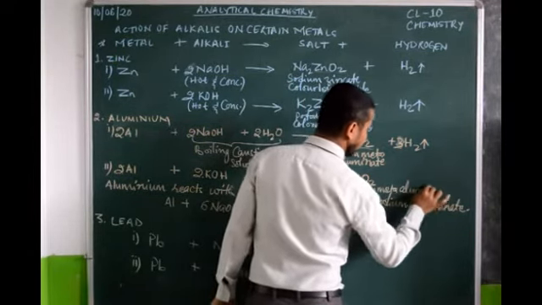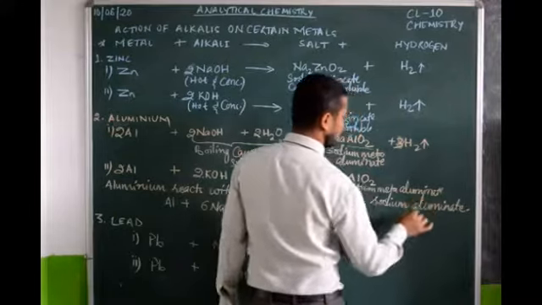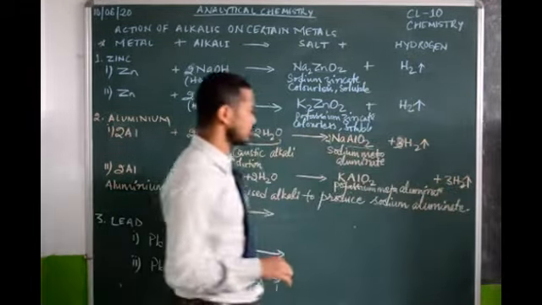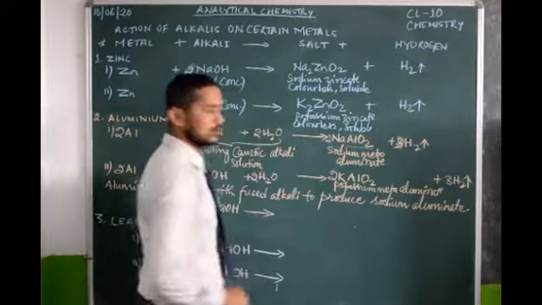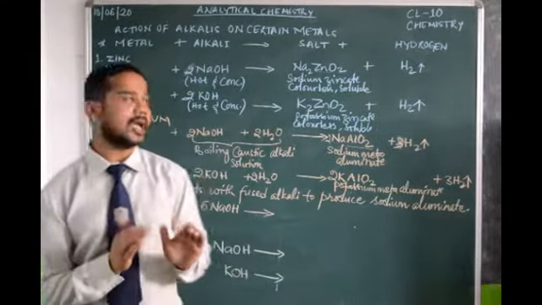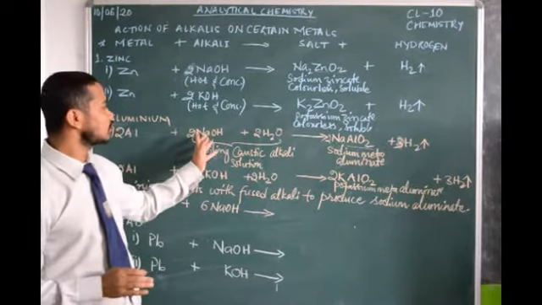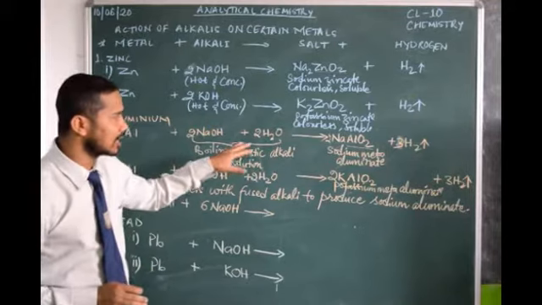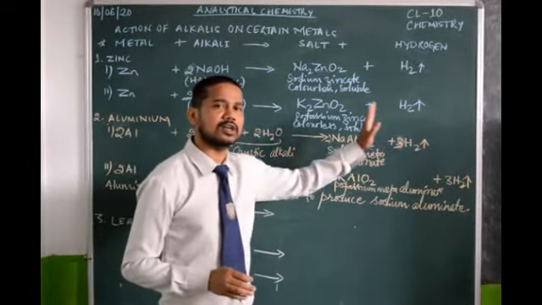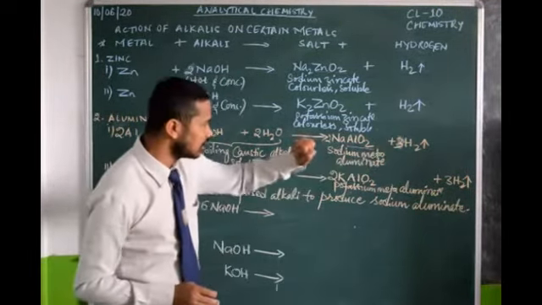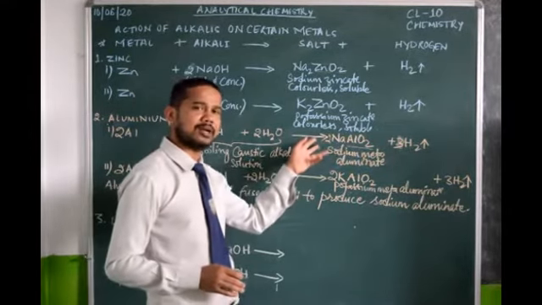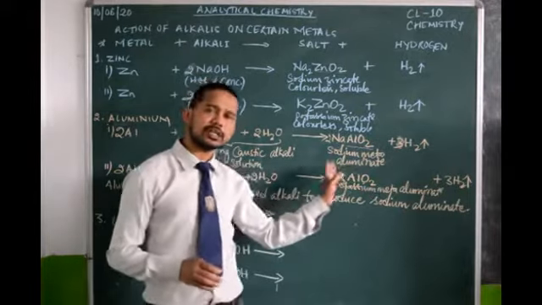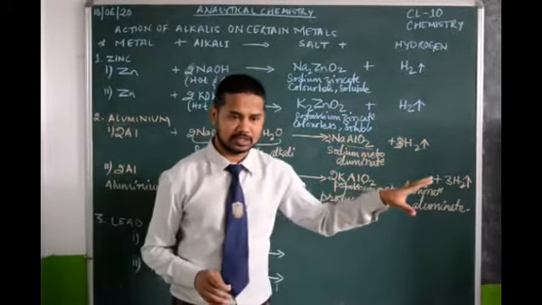Potassium meta-aluminate plus hydrogen gas. So in this way, when aluminium reacts with a solution of potassium hydroxide or sodium hydroxide, we get salt plus hydrogen gas. And the name of the salt is meta-aluminate: if it is sodium hydroxide, sodium meta-aluminate; if it is potassium hydroxide, then potassium meta-aluminate.